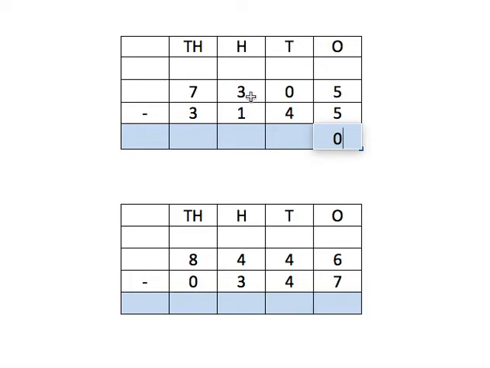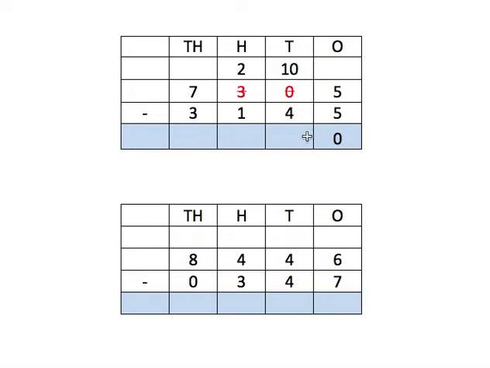So again I am going to take 1 from 3. I am going to take 1 from this 3. So this will become 2, and this 0 will become 10 when I write 1 next to it, right?